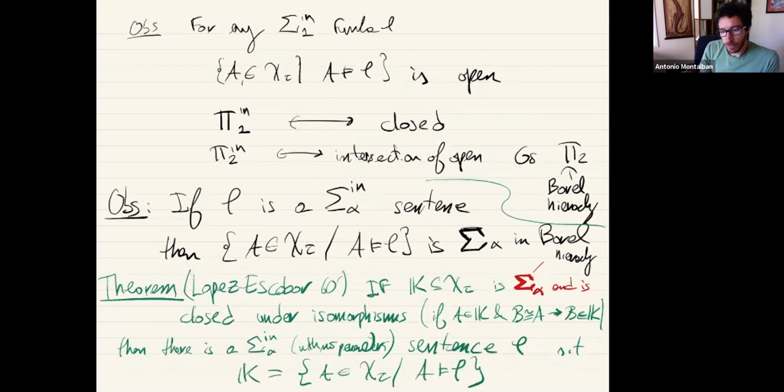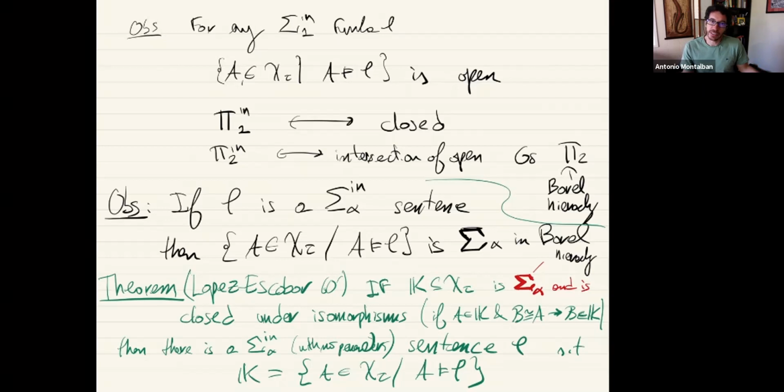Okay, so if you take the set of models of a sentence, then it's going to be closed under isomorphisms, because the truth of a sentence depends only on the isomorphism type. This is a very strong theorem, and it means that it can go the other way around.